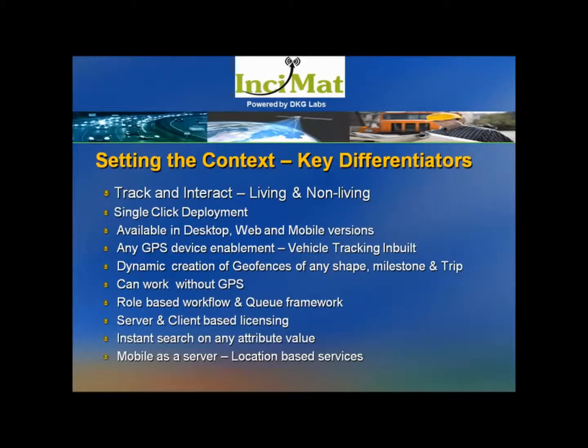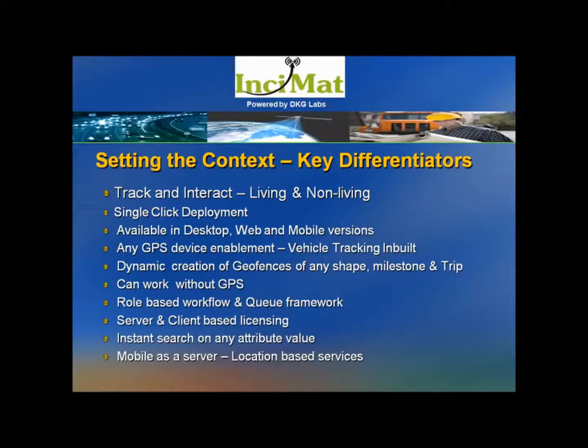There are a set of key differentiators for this INCIMAT software. It can track and interact with both living and non-living assets, devices, persons. It can be deployed over the web using a single-click deployment procedure. It is available in all three versions: desktop, web, and mobile.